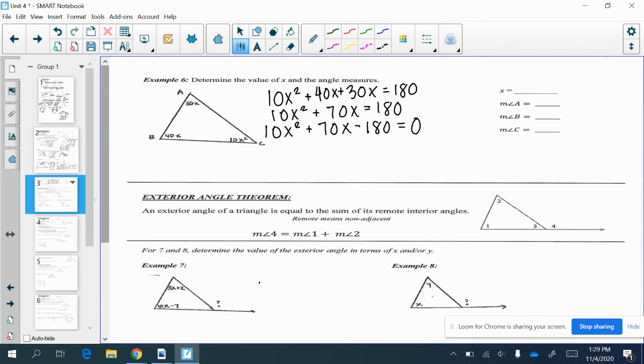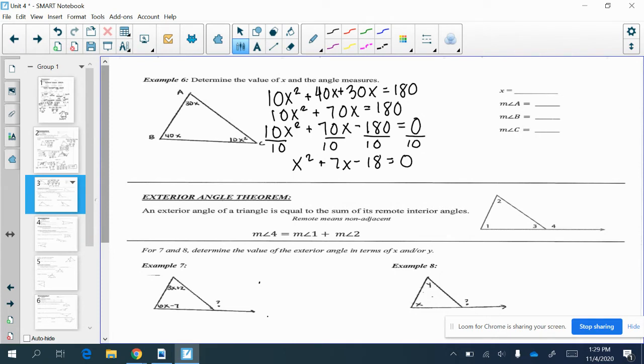Now, everything is divisible by 10, so I'm going to go ahead and divide it all by 10. And that will give me x squared plus 7x minus 18 is equal to 0. And those are numbers that I like to deal with a little bit better.